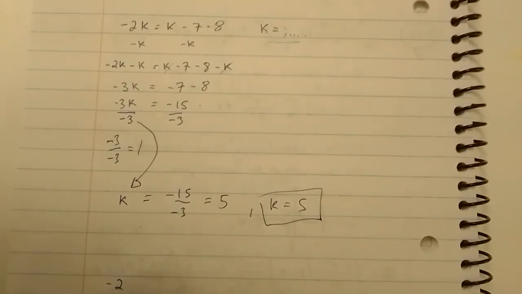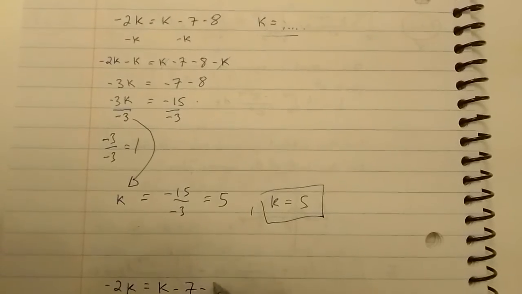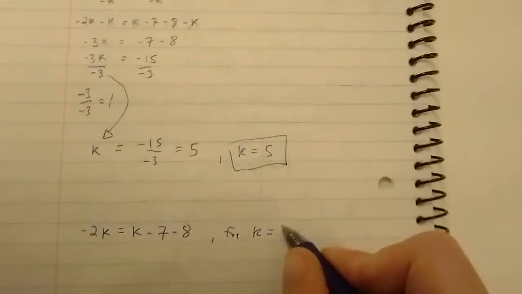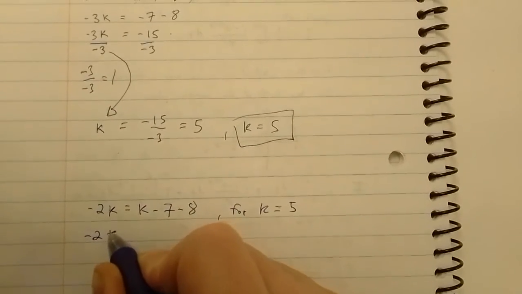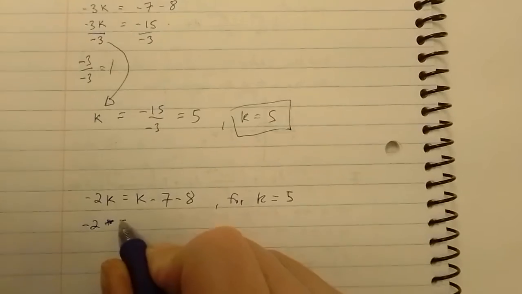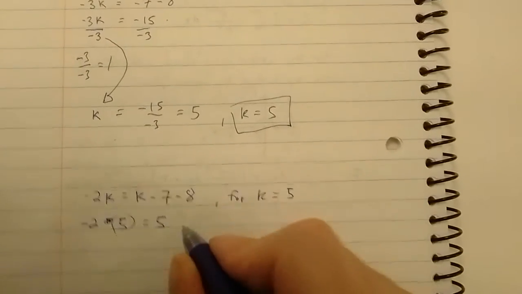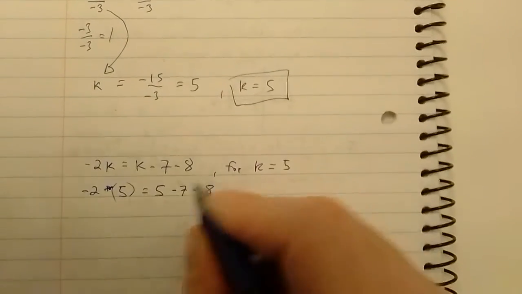Let's check that out. So negative 2k equals k minus 7 minus 8 for k equals 5. So minus 2 times 5 equals 5 minus 7 minus 8.